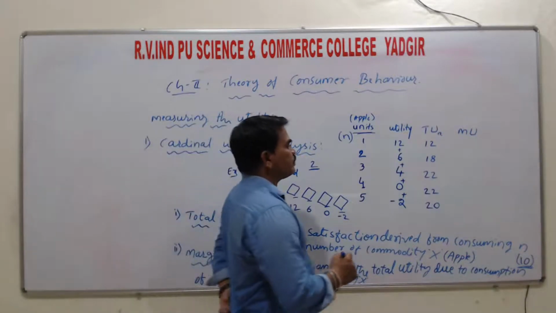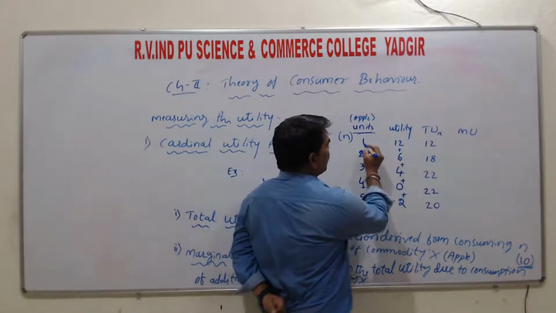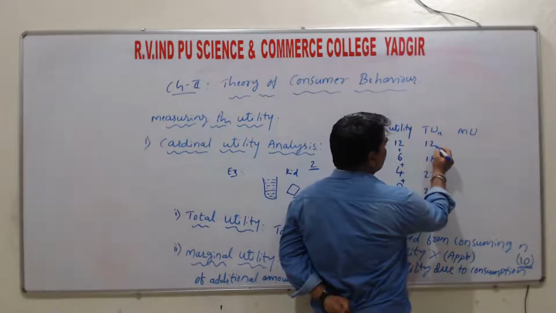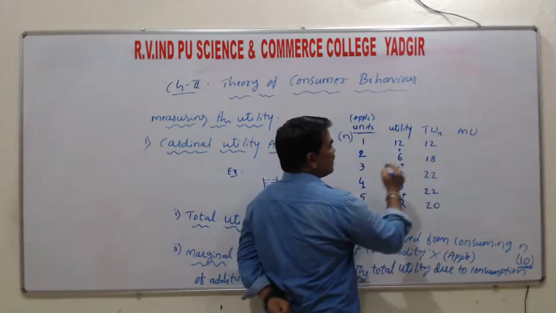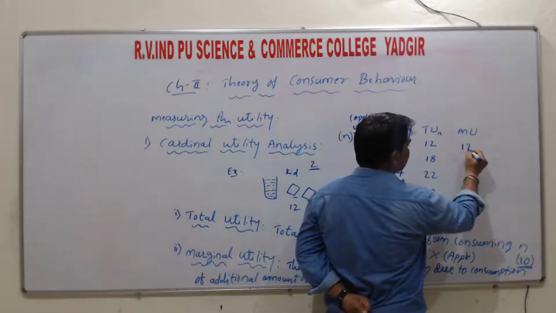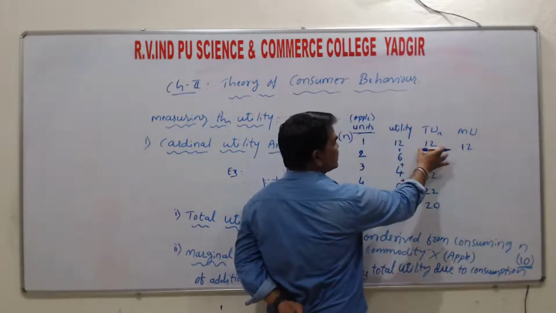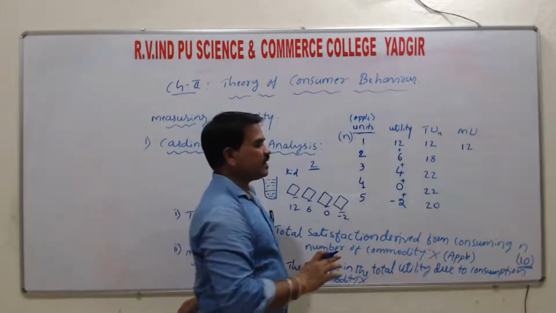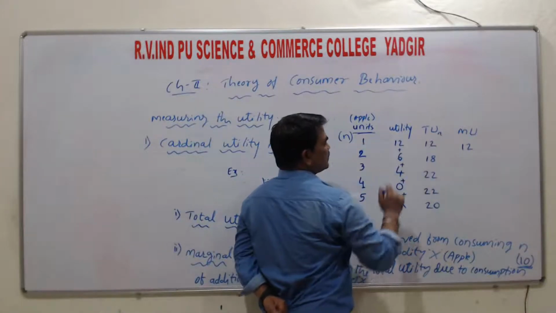Okay, how to understand that? When I consume the first apple, the total utility is 12. My marginal utility also remains 12. There is no change in the total utility because I am having the first apple.